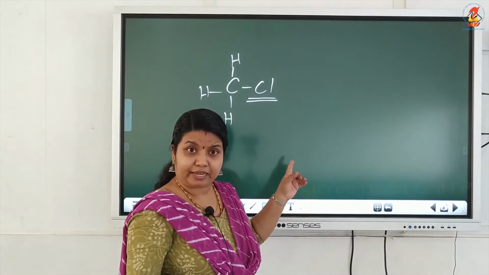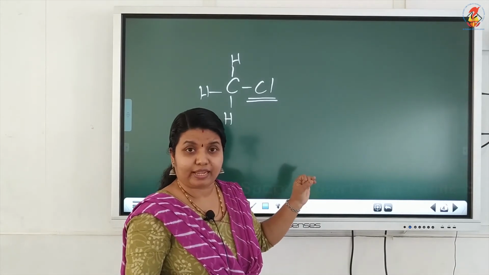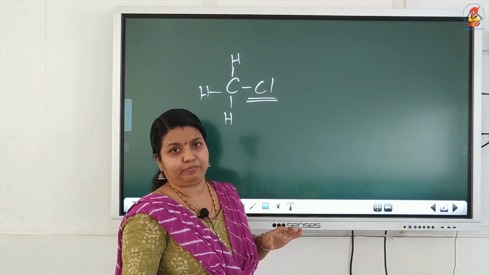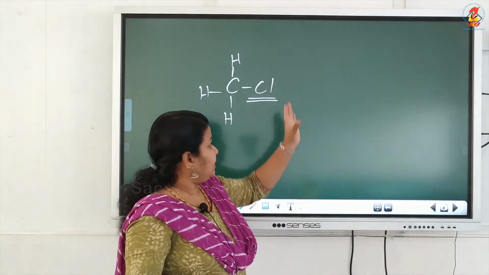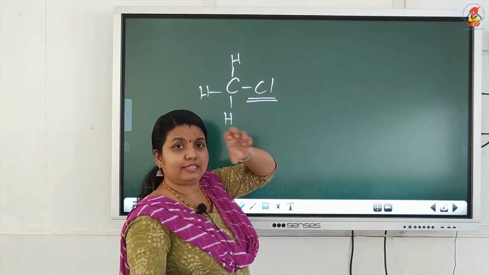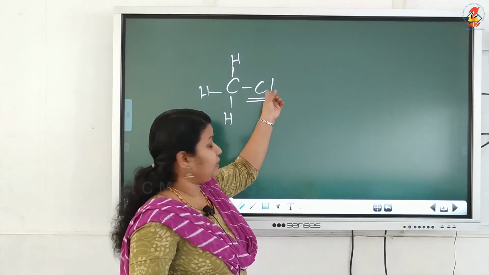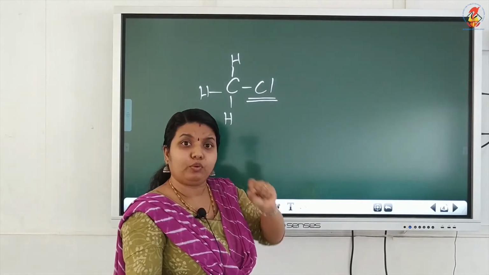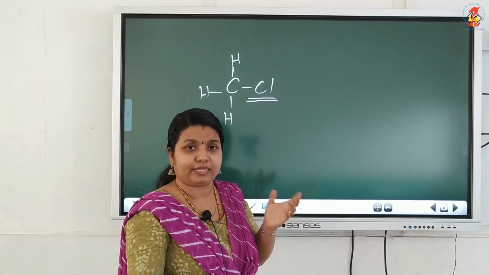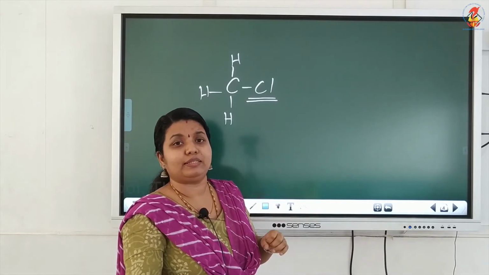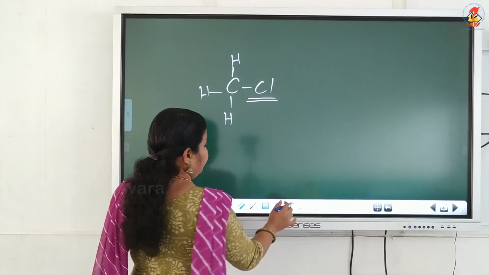It is an atom which makes this compound reactive and decides its properties. But sometimes the functional group will exist as a group of atoms. Here there is only a single atom, but it can be a group of atoms. That is also known as a functional group. So, we will see more examples of functional groups.